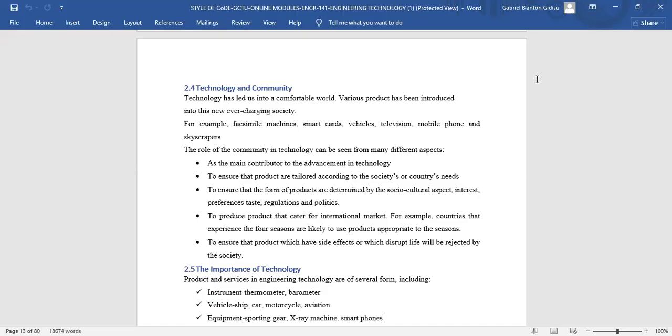Products and services in engineering technology are of several forms, including instruments: thermometer, barometer; vehicles: ship, car, motorcycle, aviation.